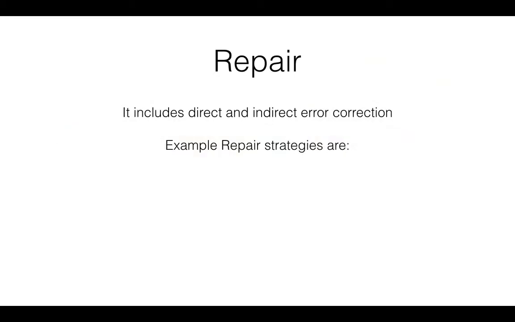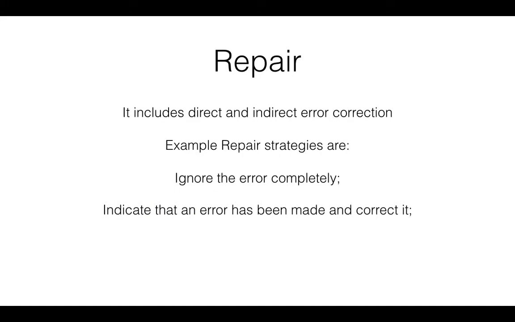Example repair strategies are: ignore the error completely. It's one kind of error correction. Not for all errors, of course. You have to choose which ones are slight, minor.